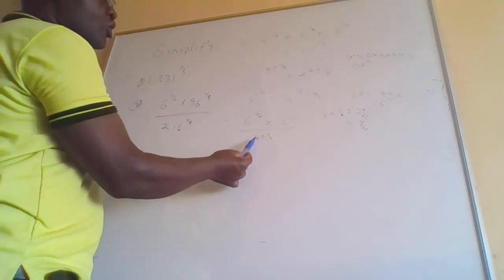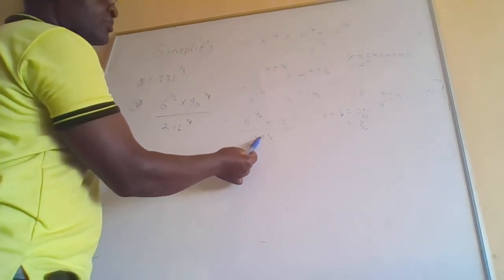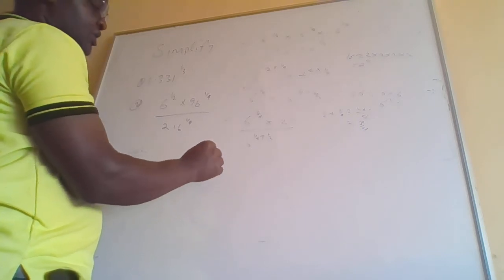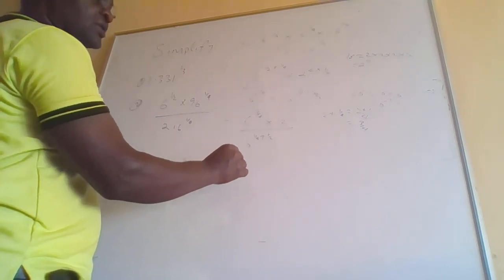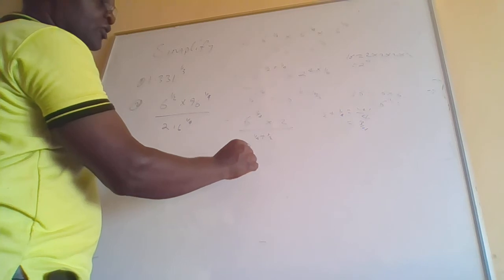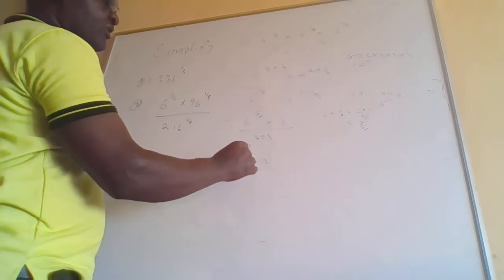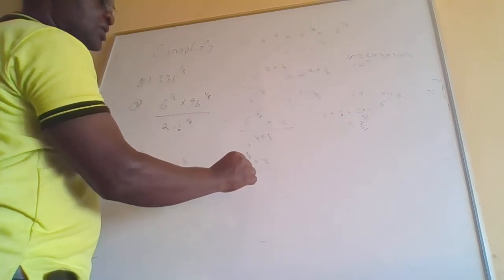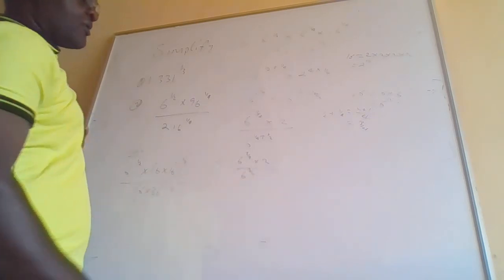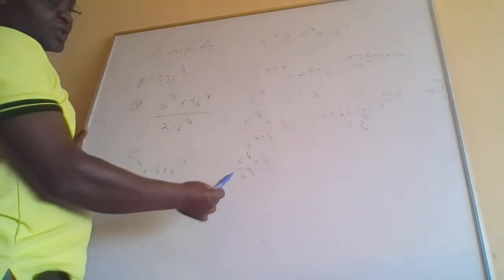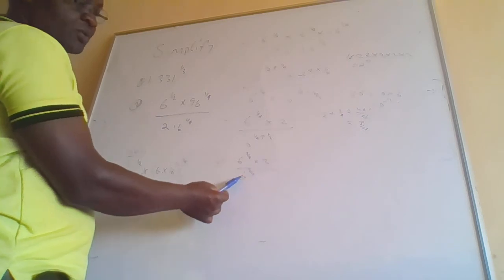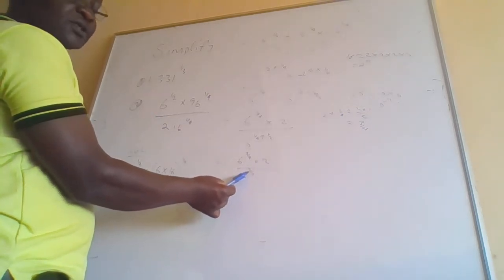So this equals 6 raised to 3 all over 4 times 2, all over 6 raised to 3 all over 4.